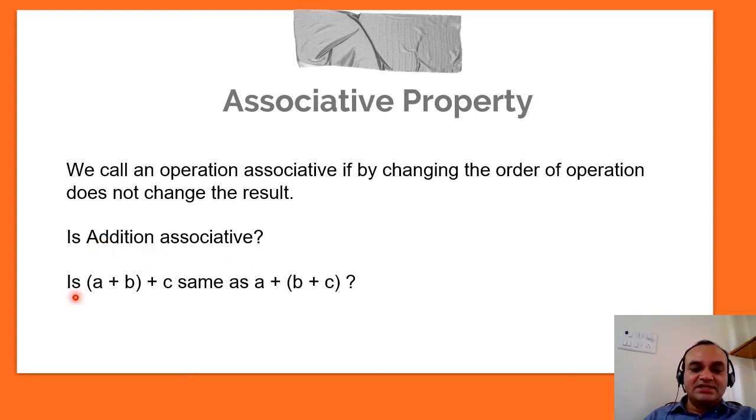That is, let's say we want to add 3 numbers, a plus b plus c. Is adding a plus b first and then adding c the same as adding b plus c first and then adding a? You remember that we first operate on brackets. So the first operation is adding a plus b first and then adding c. And the second operation means that we add b plus c first and then add a.